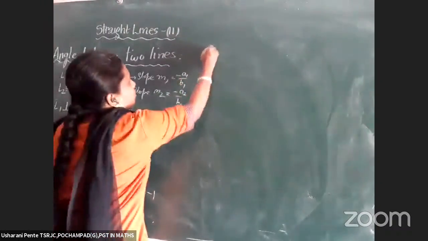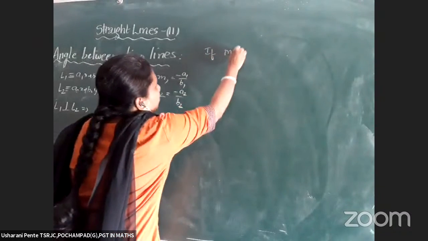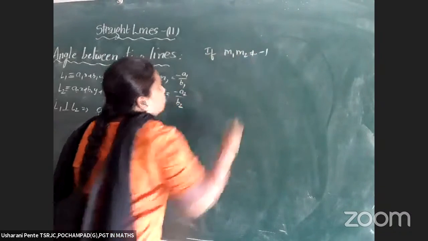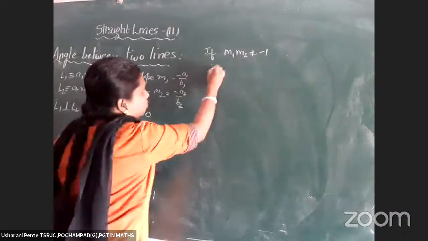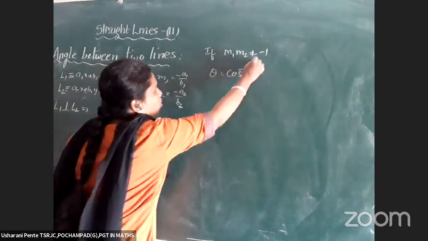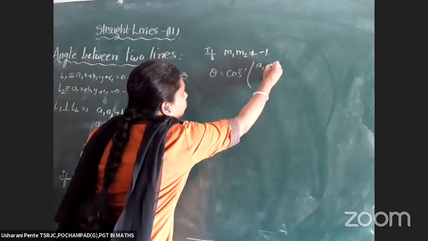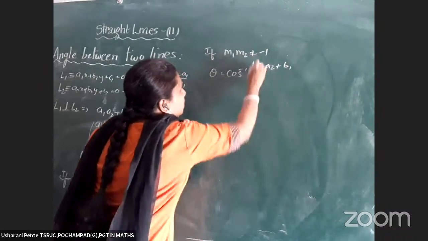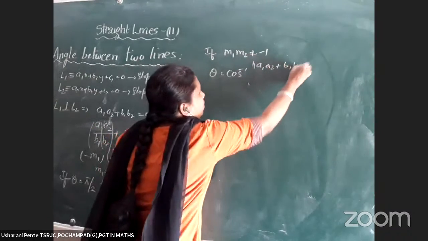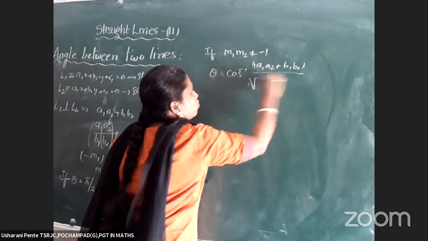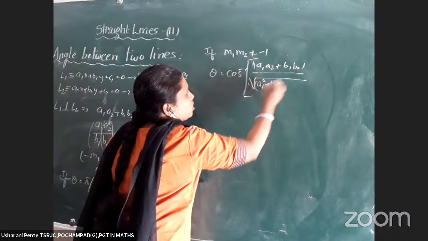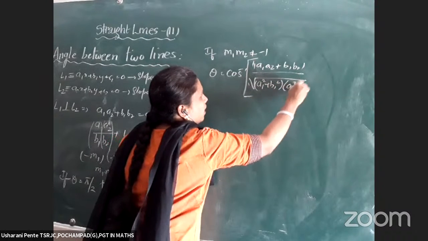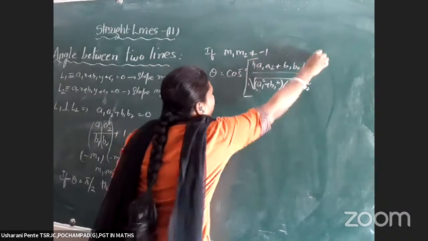If m1 into m2 is not equal to minus 1, we have just found how to find theta. Theta can be found out by theta is equal to cos inverse of a1 a2 plus b1 b2 by under root of a1 square plus b1 square into a2 square plus b2 square.